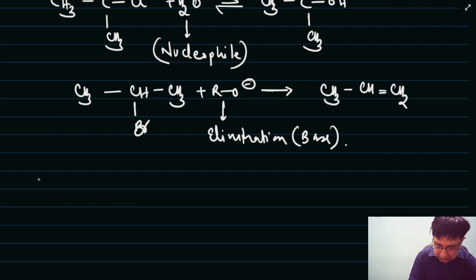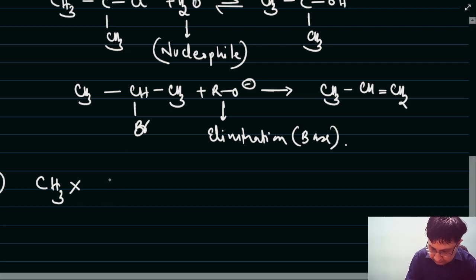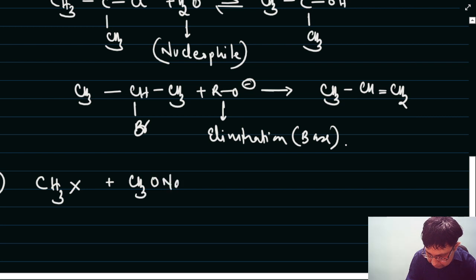सबसे पहले हम बात कर रहे हैं for the halide CH3X. अगर हम CH3X को देखते हैं, हम किसी भी रिएजेंट के साथ इसको रिएक्शन करवाएं, चाहे वो CH3ONa हो, चाहे वो aqueous KOH हो, डेफिनेटली यहाँ पर क्या होने वाला है?